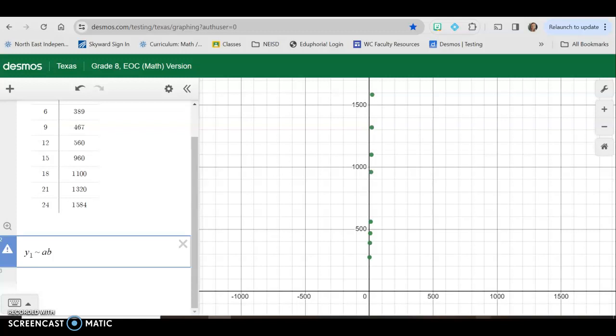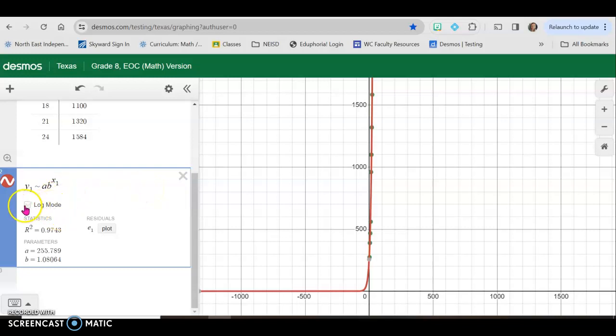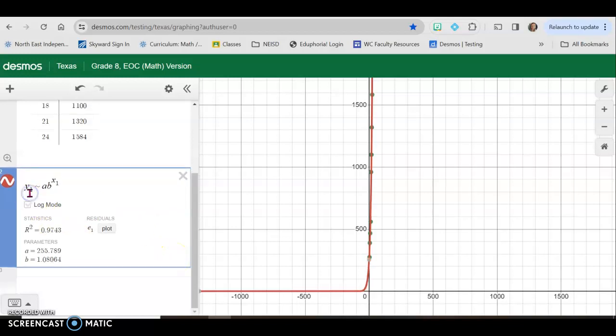Shift 6 is probably the best thing to type. And then write X1. Now, please note it is very important that you hit the button that says log mode. Especially for real world data. So just get used to clicking it because look, it does change the A and the B a lot. So make sure you're hitting the log mode button. It needs to be checked, okay?